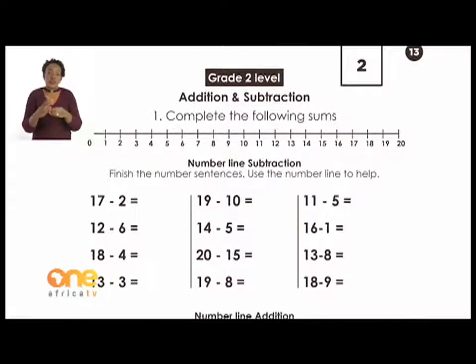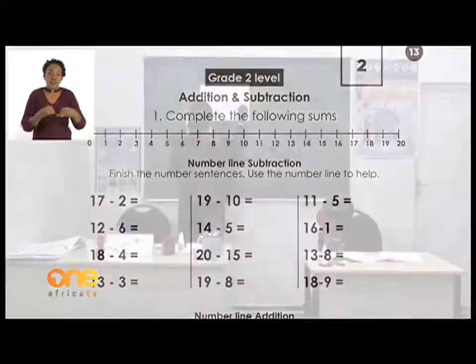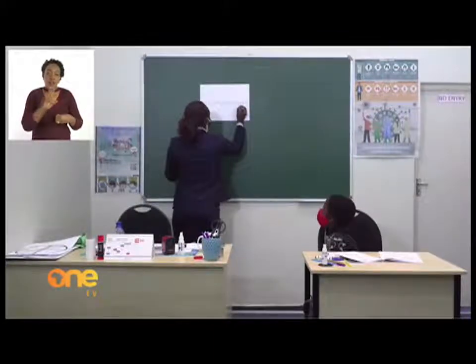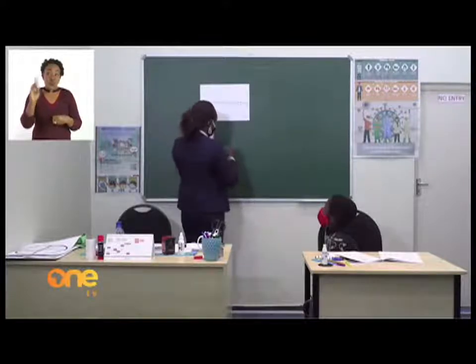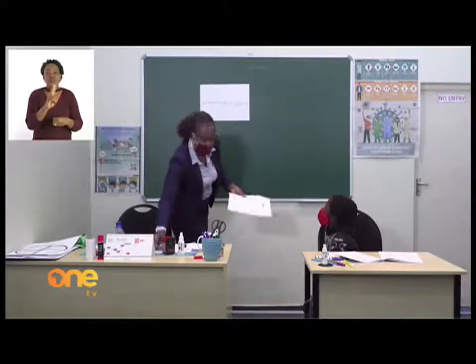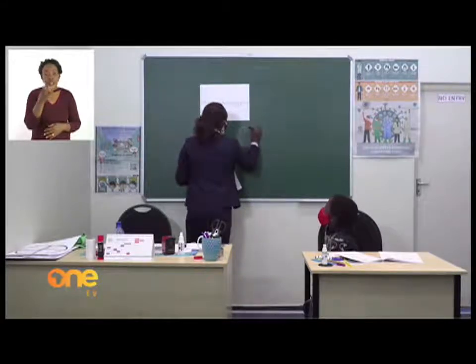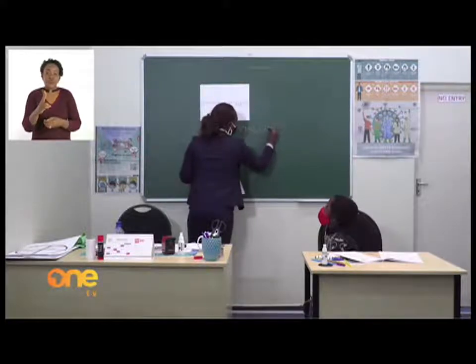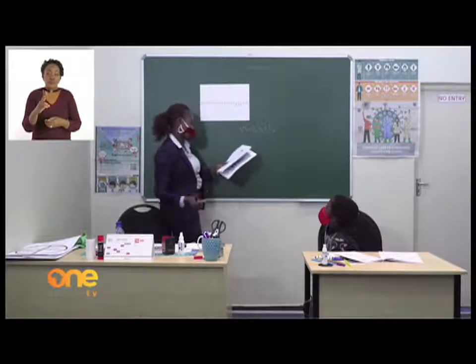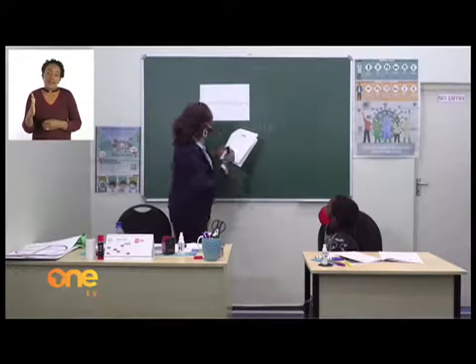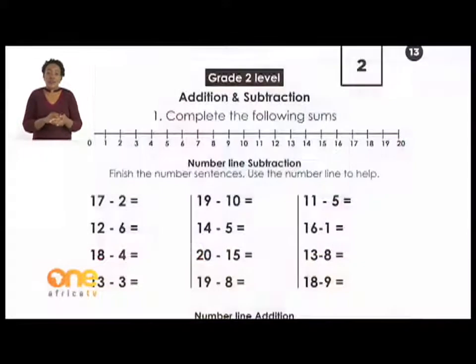So we go to 17. Then we count 1, 2. So 17 minus 2 equals 15. Okay. Let me try 12 minus 6.